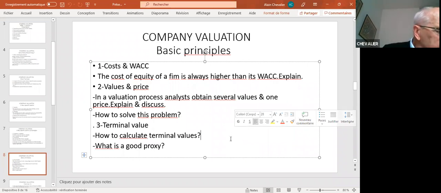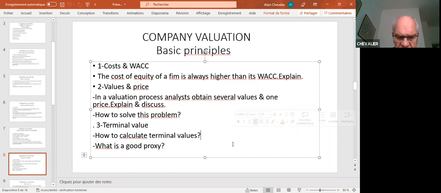Another element I want to underline here is that we have specific difficulties for some categories of companies. I'll give you some examples.